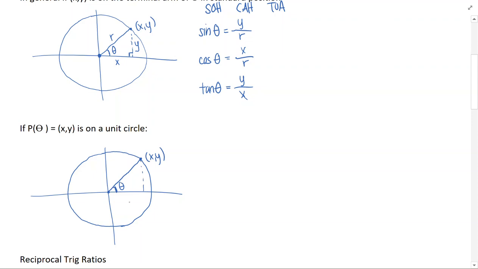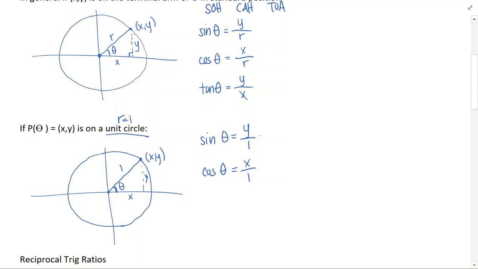Again, x is the horizontal, y is the vertical, but a unit circle, remember, has a radius of 1. So instead of r as the radius, we have 1. Now our trig ratios will slightly change, and we're just going to look at sine and cosine here. Sine will now be y over 1 instead of y over r, and cosine will be x over 1 instead of x over r.